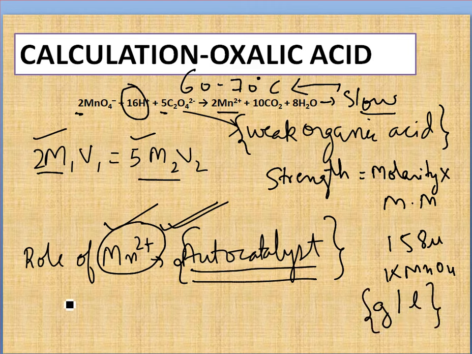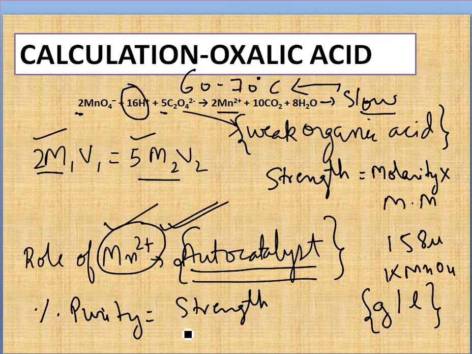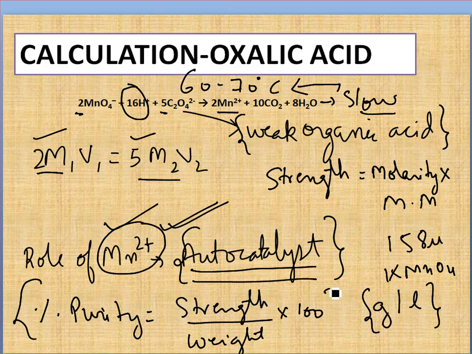Next question is percentage purity. It is also asked in the question. What is the formula? The strength upon whatever weight is given in the question into 100. That will be the percentage purity. So these are the formulas for both ferrous ammonium sulfate and oxalic acid.